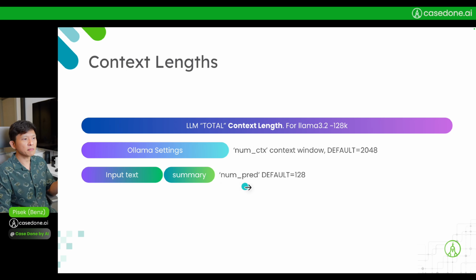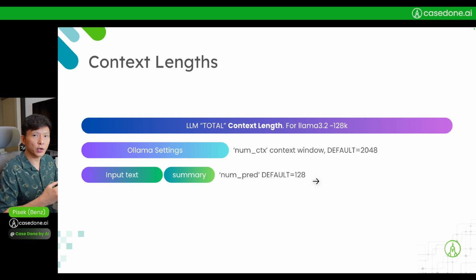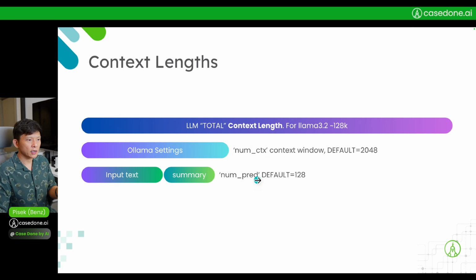This number is controlled by num_predict, the number of predictions, and the default is 128 tokens only, or maybe 256, maybe I'm wrong here. But again, this value is fixed, and if you don't know, then you are capped. You are limiting yourself to many possibilities.